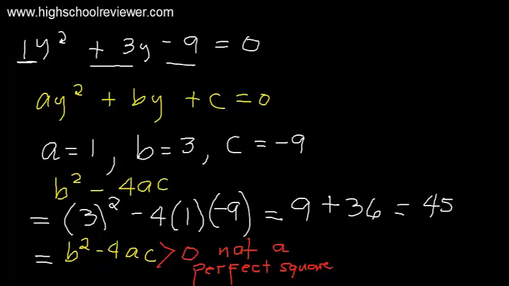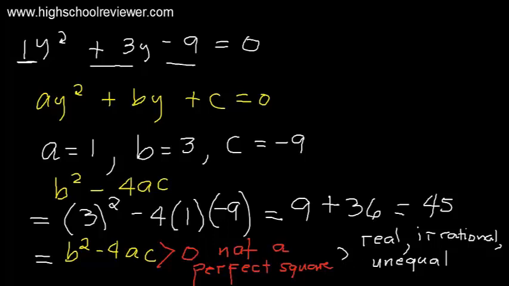So the nature of the roots now, since it is greater than 0 and not a perfect square, our roots are real, irrational, and the roots are unequal. So again, our discriminant is greater than 0 but not a perfect square. So therefore, the nature of the roots are real, irrational, and unequal.